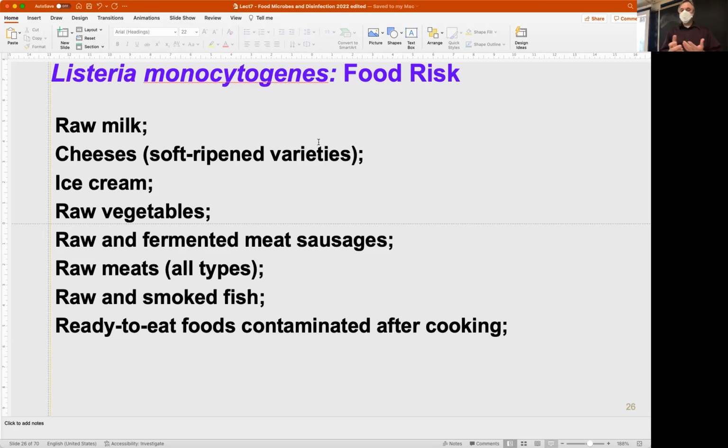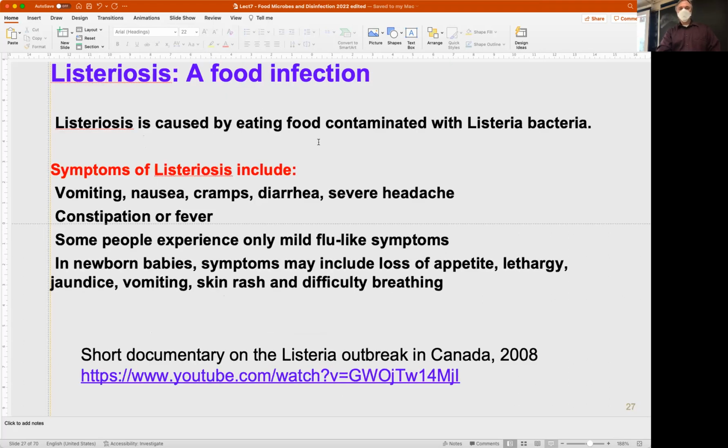Raw meats, all kinds of raw meats can have this bacteria, smoked fish, as well as ready-to-eat foods that have been contaminated after cooking. So lots of different ways to get this bacterial infection. So we just keep things clean, sanitized. You can reduce the amount of this threat.